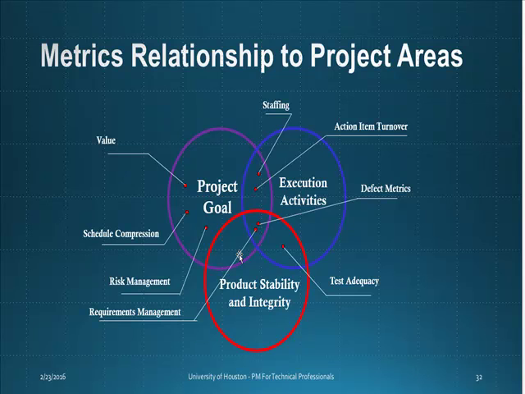So requirements management relates to project goals, to how we're going to execute the project, and also to product stability and integrity. The second one, defect metrics, talks about how we're going to control quality; the number of defects within the project matters throughout all three areas.